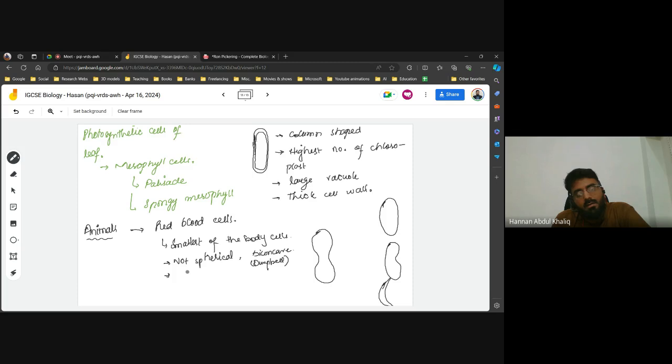Their nucleus is removed. Remember, the nucleus is only removed when they are specialized.